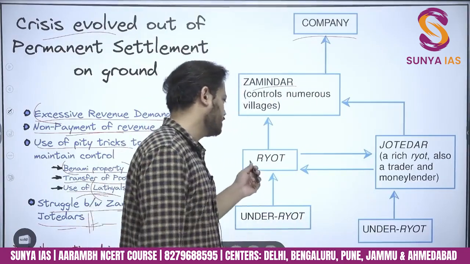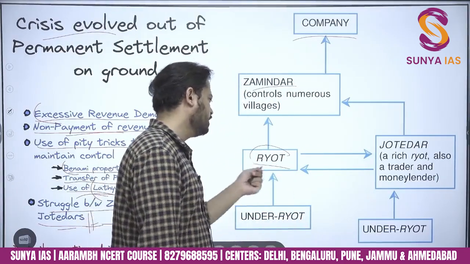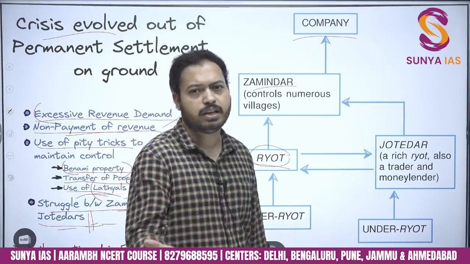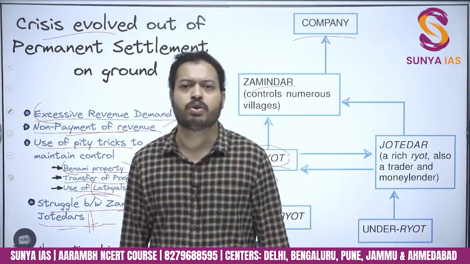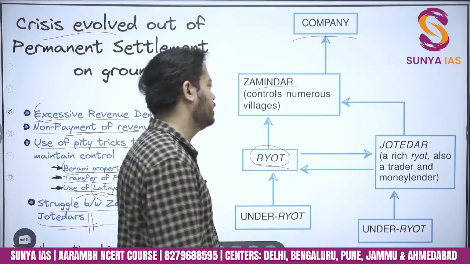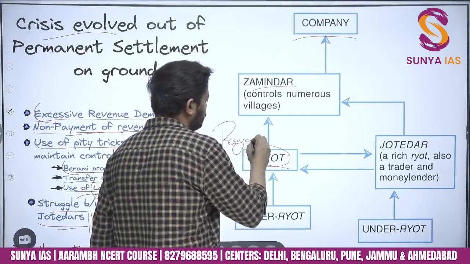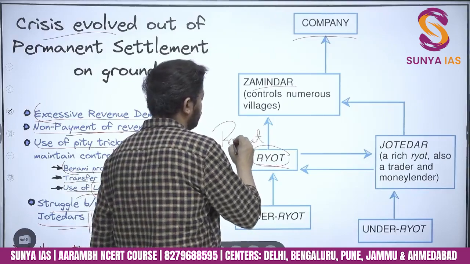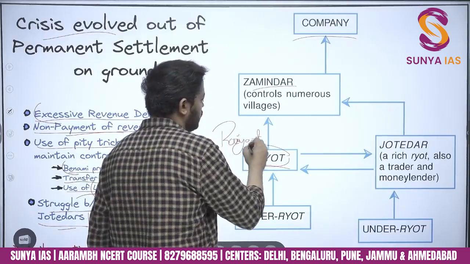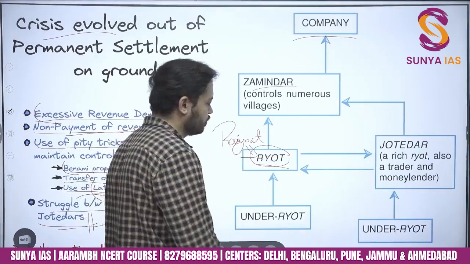In anglicized form they were called ryot, but the Persian word is rayat, R-A-I-Y-A-T, for farmers.